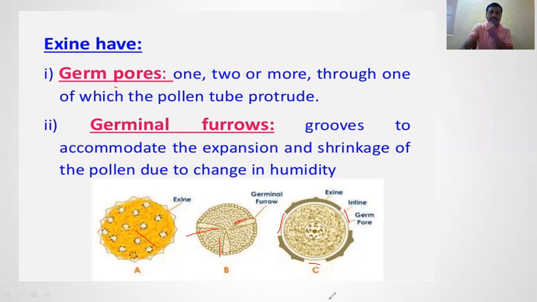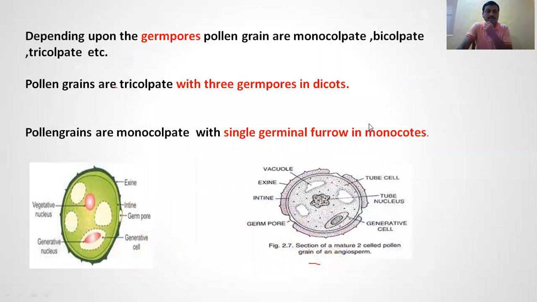In pollen grains, 1, 2, or 3 germ pores are present. Okay, the next. Depending upon the germ pores, pollen grains are monocolpate, bicolpate, and tricolpate.